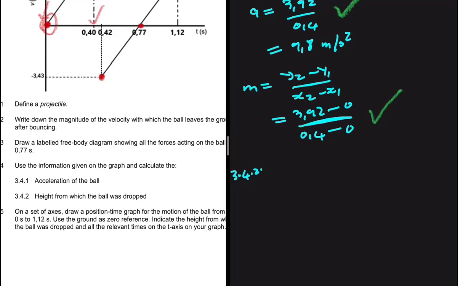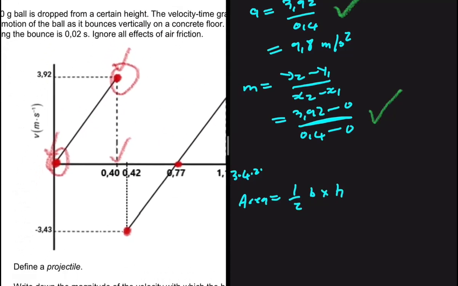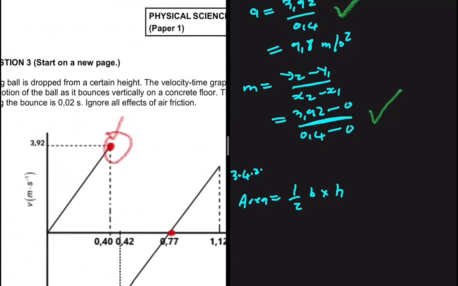So if we use the area under the graph, we're going to have area equal to half base multiplied by height. The area which we're interested in, let me just erase this, is this very area here.